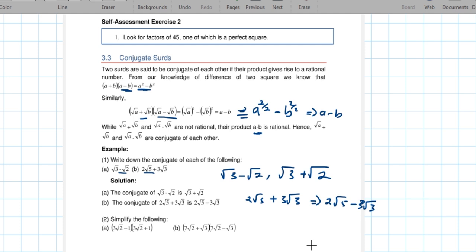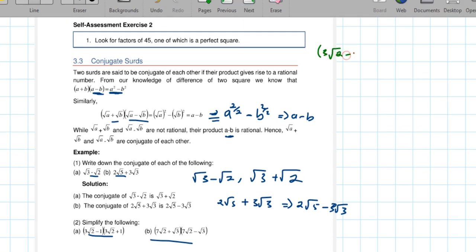So that's the conjugate. Here we are to simplify, so let's do the simplification. We have to simplify 3 root 2 minus 1 multiplying 3 root 2 plus 1. So that is conjugate. What we are going to have here is 3 root 2 into 3 root 2 plus 1, then minus 1 into 3 root 2 plus 1.